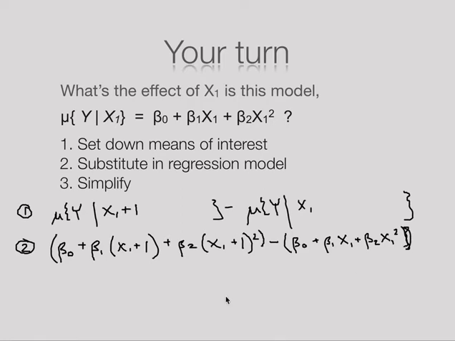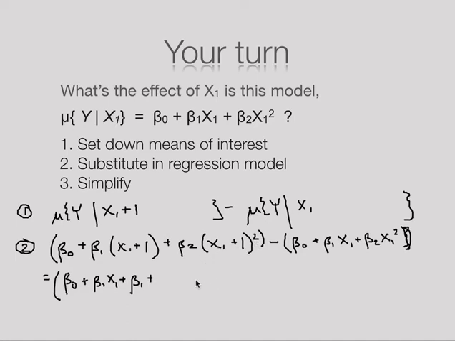Okay, so now I probably want to do some simplification just of this first sum. So let me multiply some of this out. This is the same as beta 0 plus, here I have a beta 1 times x1 plus a beta 1 times 1, so beta 1. Plus, I have an x1 plus 1 squared.